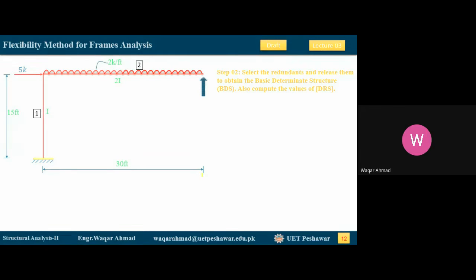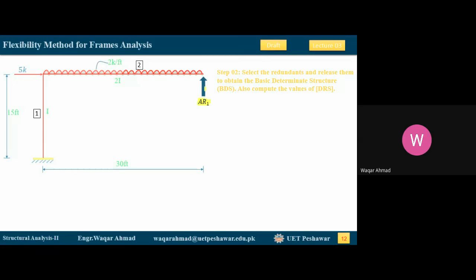Now in the next step we need to write our redundant actions. Corresponding to each constraint you have released, you need to write an action which we call the redundant action. Now this is AR1. This is our redundant action.